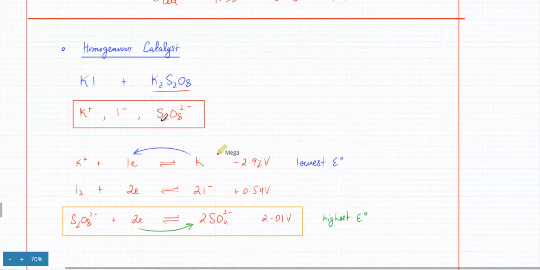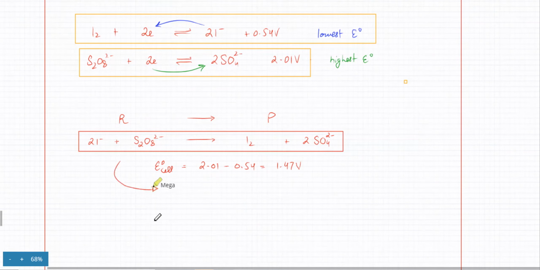Now, the reason we're discussing this particular reaction is because we have to study homogeneous catalyst. This reaction is very feasible theoretically, because it has a high E naught cell.